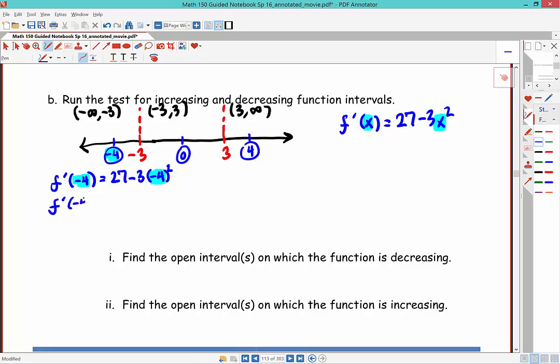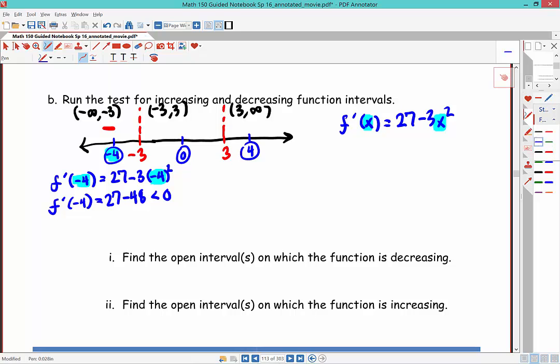So f prime at -4, we'll have 3 times positive 16, because that negative will square away, and that's going to be 48, good. So you're going to end up getting 27 minus 48, which is clearly going to be negative. So here we're going to put a negative. So every input value evaluated in the derivative function from -infinity to -3 non-inclusive is going to be negative, which means our function is decreasing on that interval.